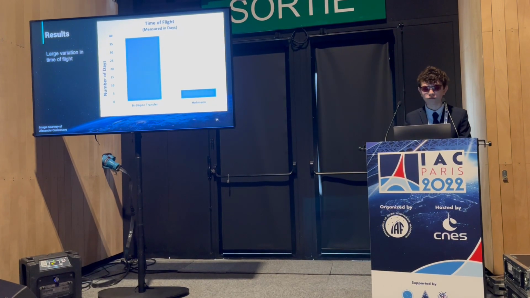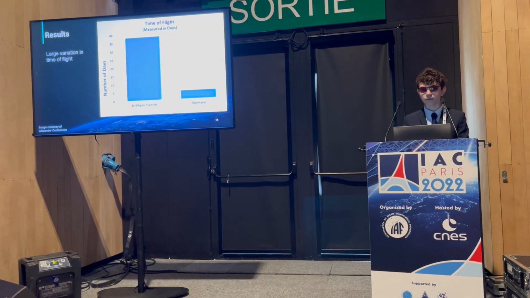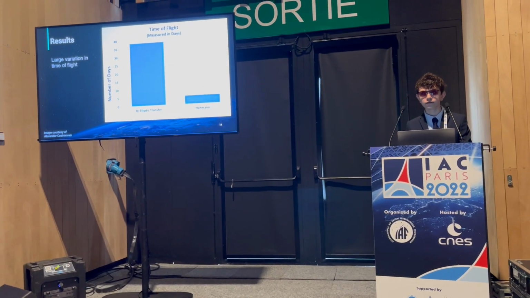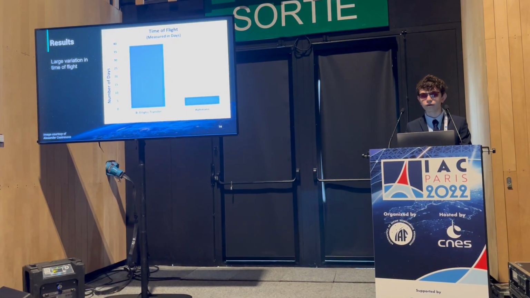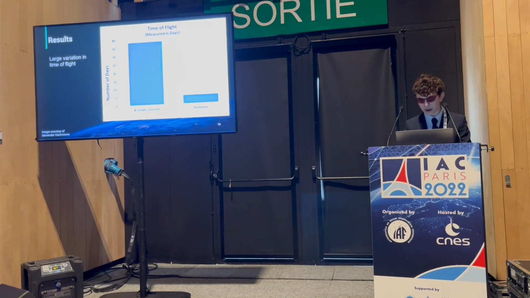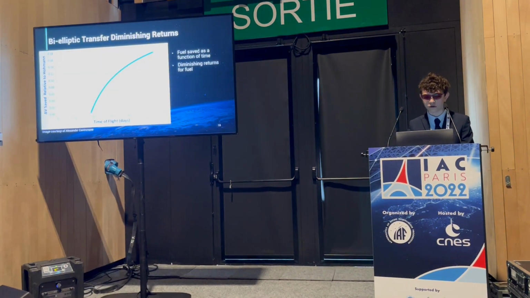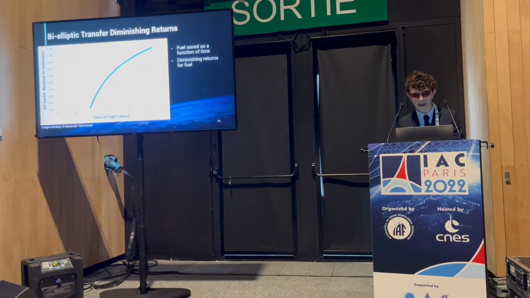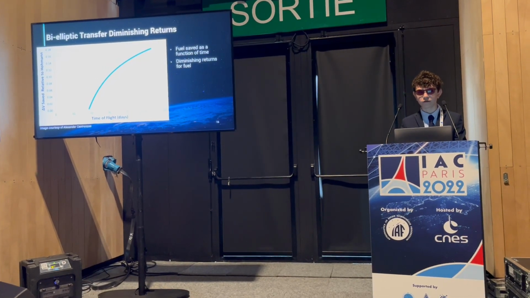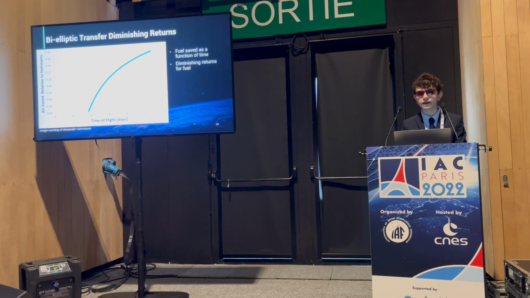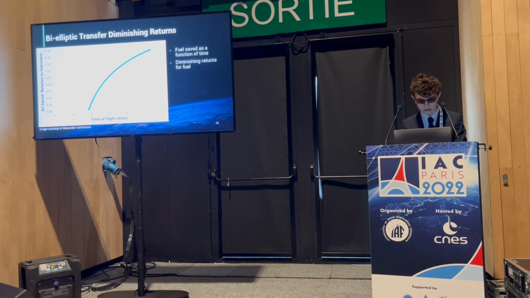I thought this was a strange result, so I modified the program to produce 10,000 different data points with different transfer radii, and what I found was a graph of diminishing returns. So on the y-axis here, we have the delta V saved relative to the Hohmann transfer in kilometers per second, and on the x-axis we have the time of flight in days.